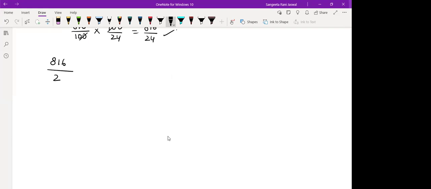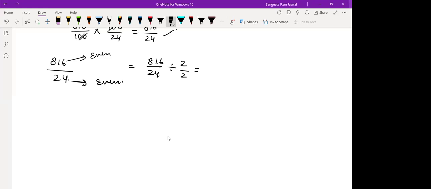Now see here. 816 divided by 24. Both the numbers are even numbers. This is an even number. This is also an even number. That means both the numbers can be divided by 2. If you know the divisibility rule by 2, both the numbers can be divided by 2. When I divide this by 2, both the numbers have to be divided by the same number.